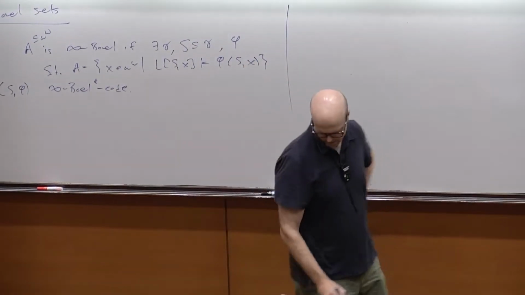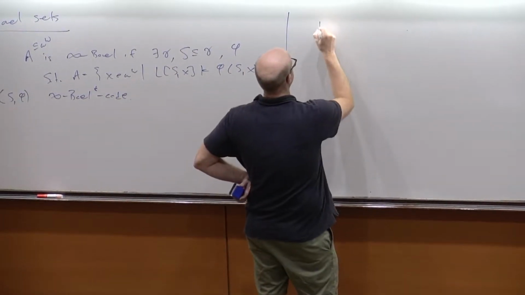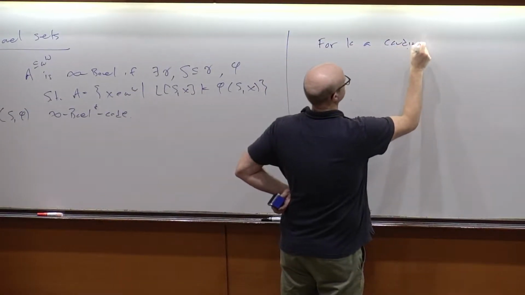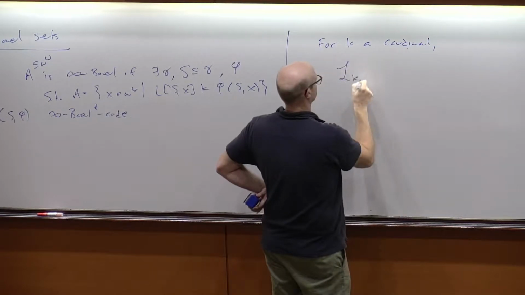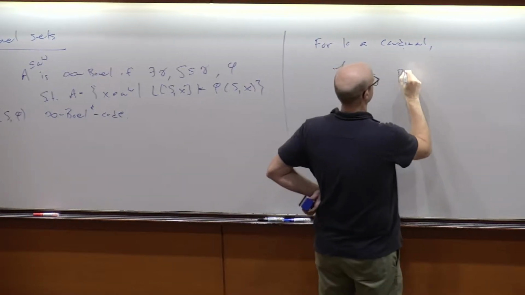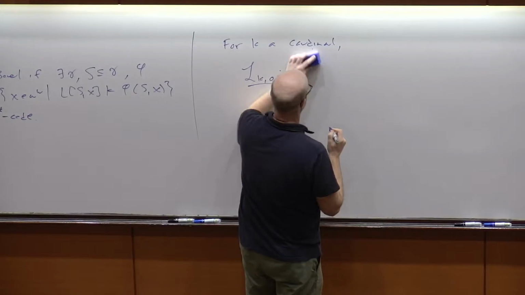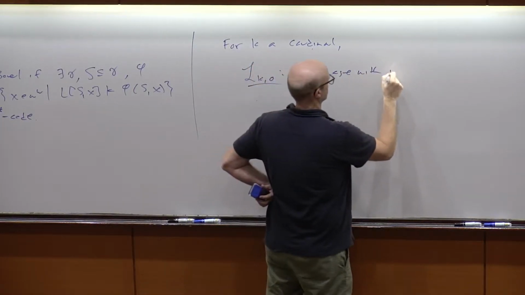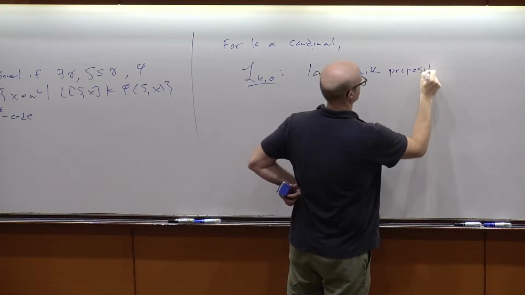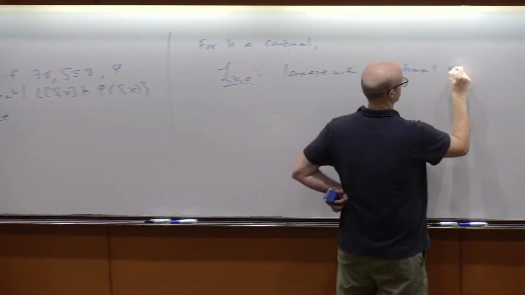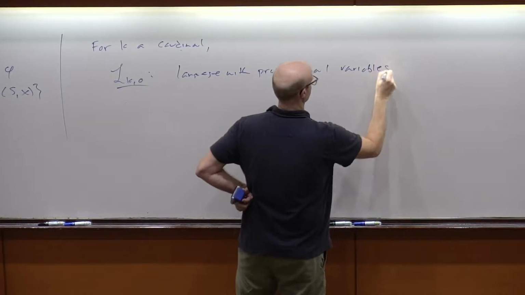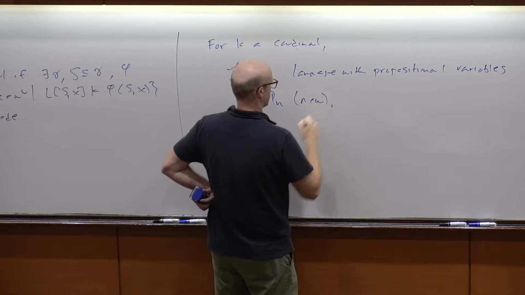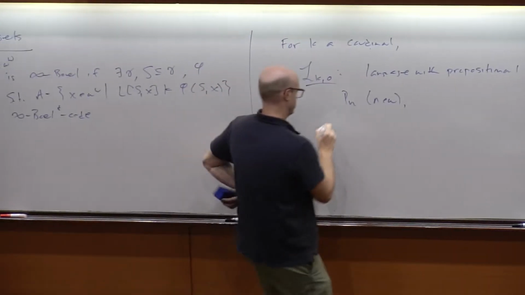So, okay, for kappa a cardinal, infinite, really uncountable, we're going to let L kappa 0 be the language with propositional variables P n, for n in omega, and logical connectives.